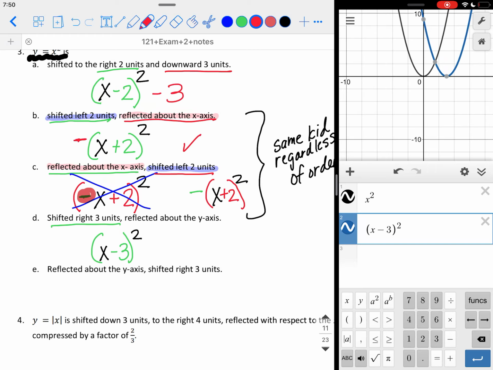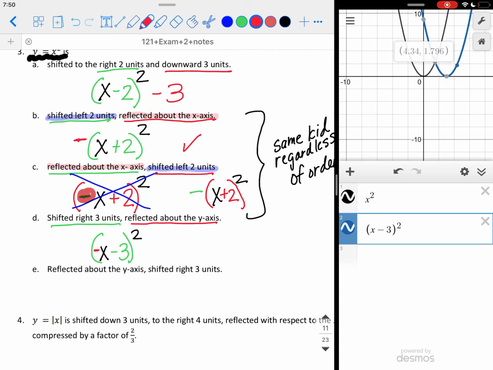Okay, so now reflect it about the y-axis. If I'm going to reflect about the y-axis, I need to have a negative, and it needs to be on the inside. So let's try it right here and see if it produces the kid. So this blue graph that we have here, if we're going to reflect it about the y-axis, we want it to end up on the left side of the parent, somewhere over here in quadrant 2.